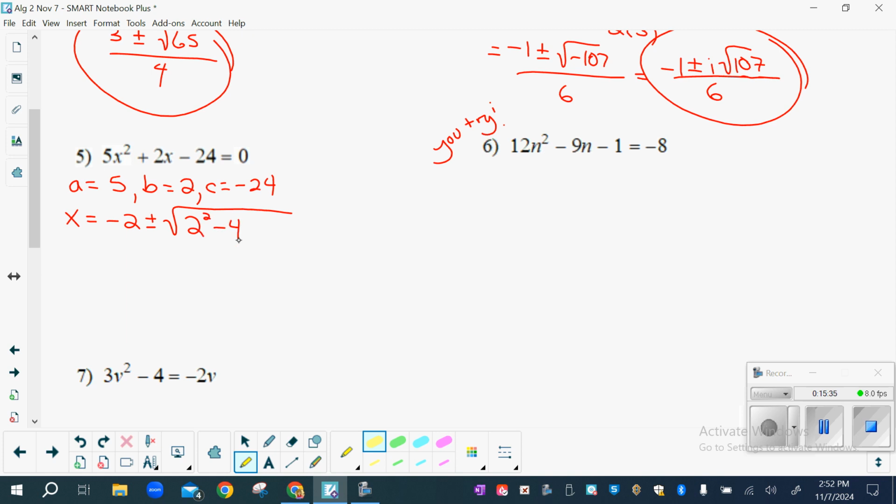Hey, Cohen, would you put the rest of the numbers in for us? 4 times 5, and then -24, and then 2 times 5. Good. So now we want to simplify what's inside here.